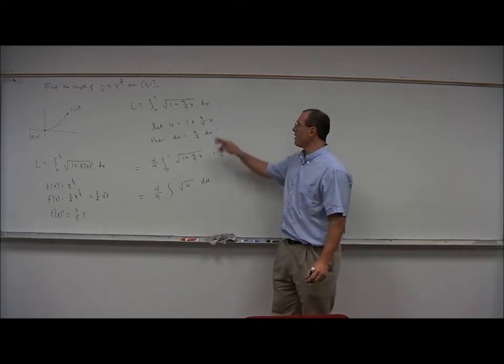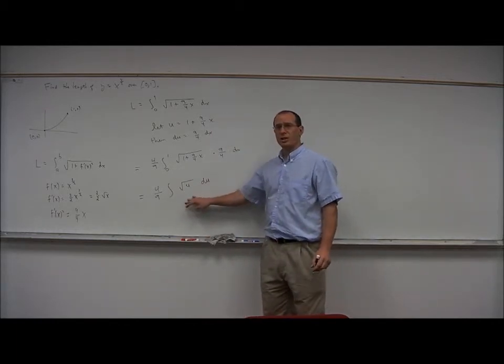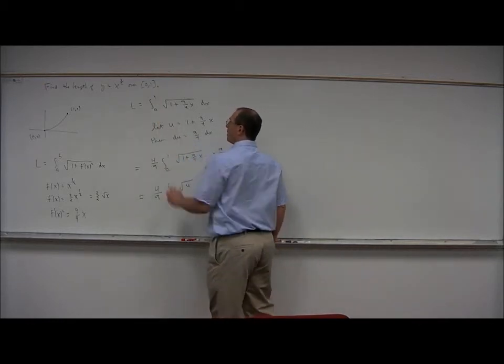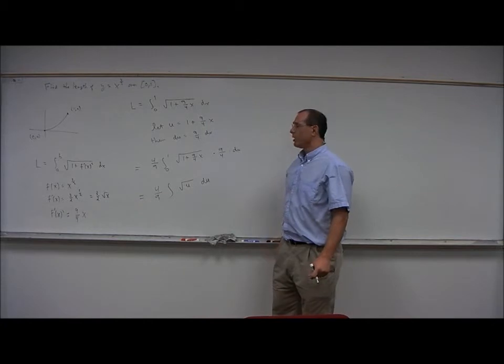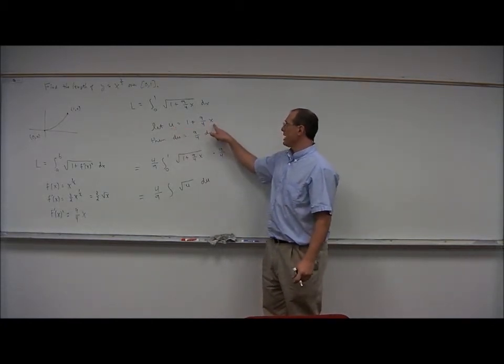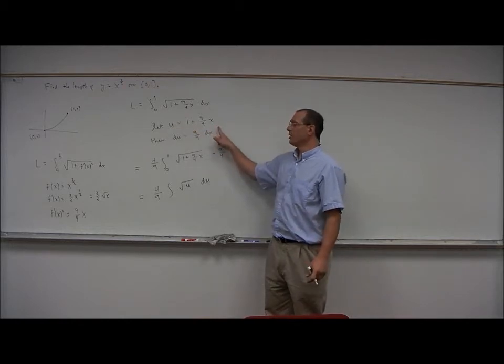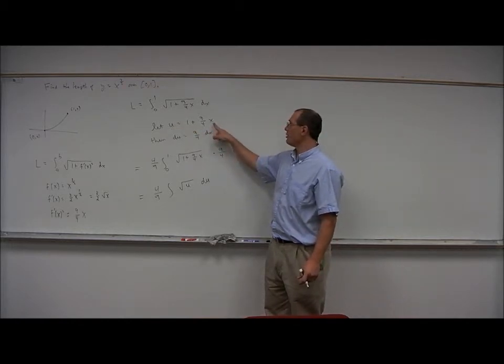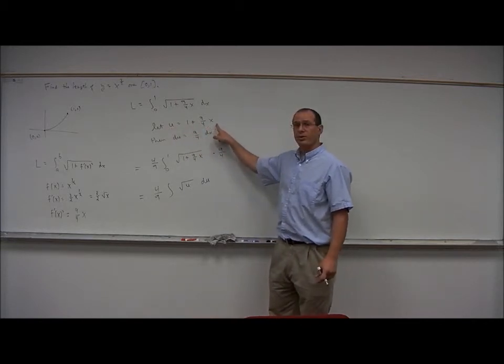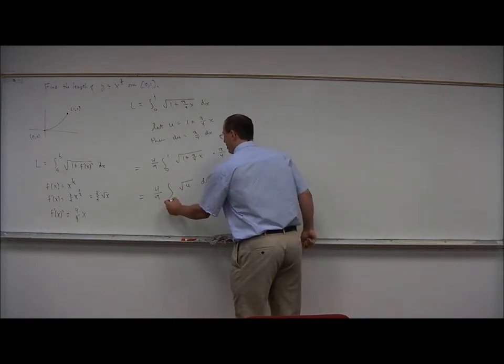When we change the variable, it's a good idea to change the endpoints of integration as well. 0 and 1 are x values. The corresponding u values can be obtained by plugging the x values into this equation. So when x is equal to 0, u is equal to 1 plus 9/4 times 0, which is just 1.